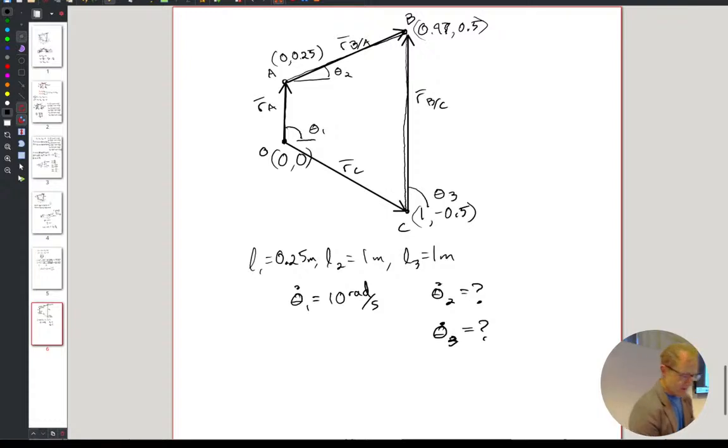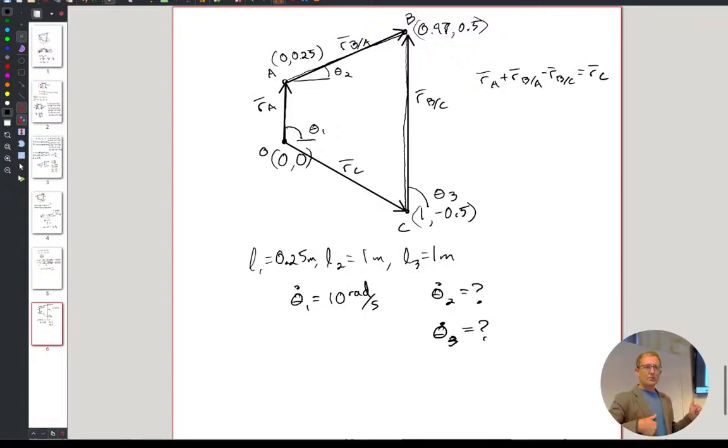And when I add those up, it's the exact same equation that I had before. RA plus RB/A minus RB/C equals RC.